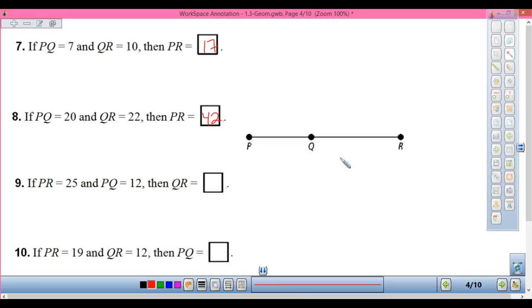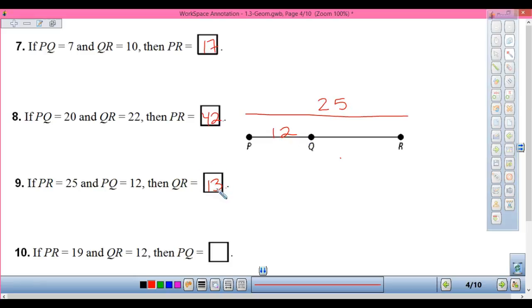All right, so now PR. So it says PR, this whole thing is 25, and it says PQ is 12. How are we going to figure out what QR is? Take 25 minus 12, we get 13.